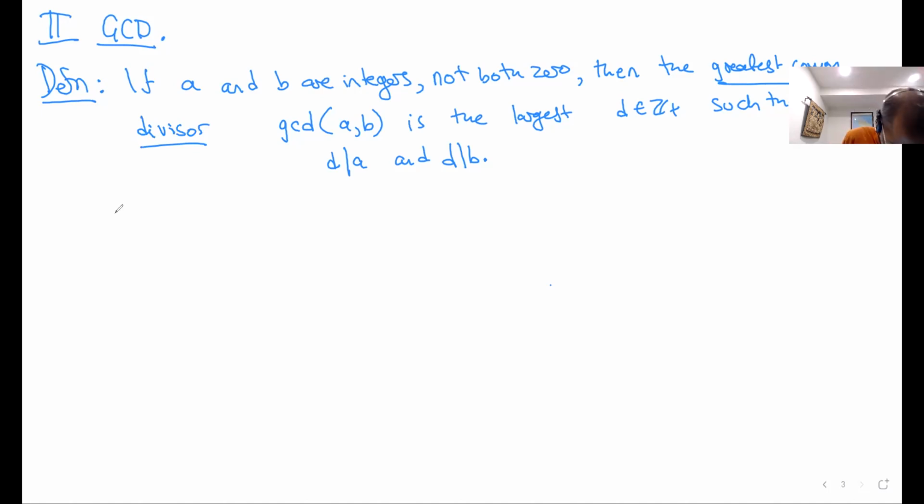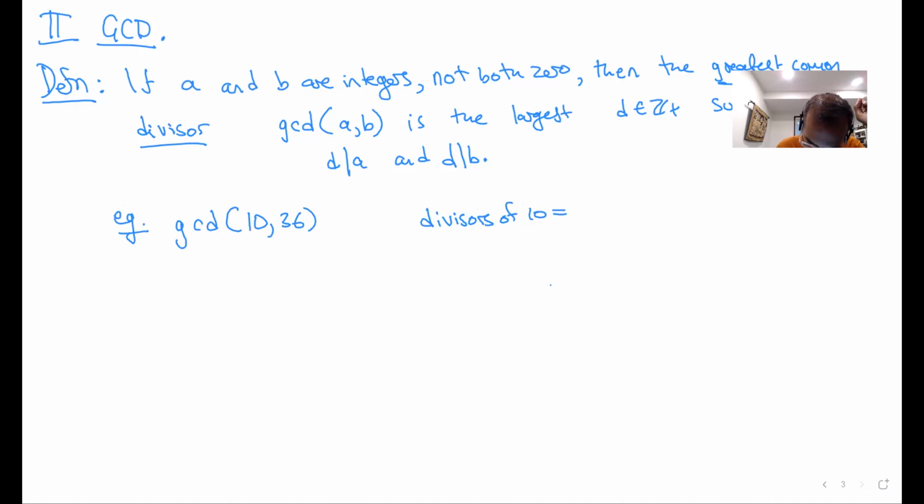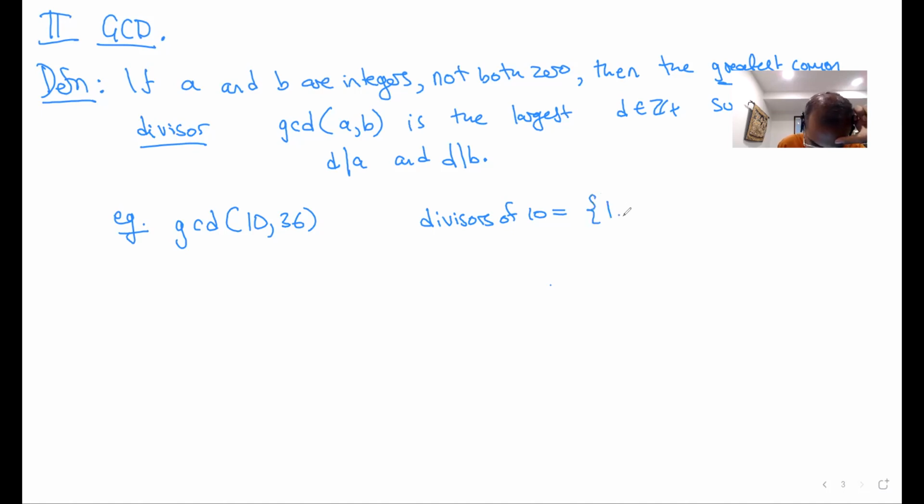So for example, what's the greatest common divisor of 10 and 36? Well, according to the definition, it's the largest number that divides both of them. So how would you find that? Well, you would just write down all the numbers that divide each of them. So you have the divisors of 10, which is the set 1, 2, 5, 10.